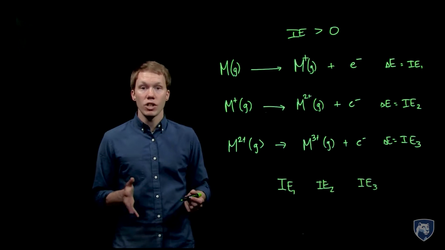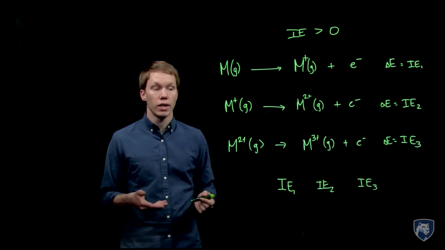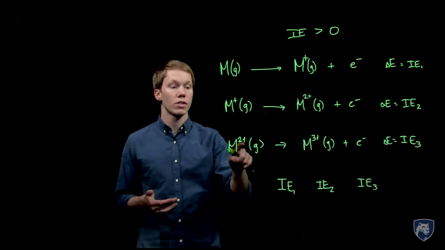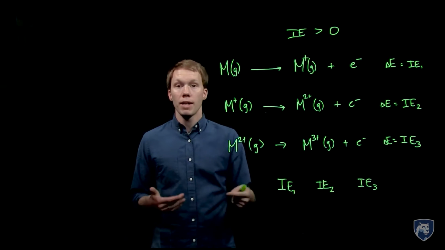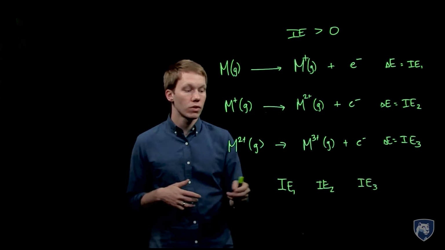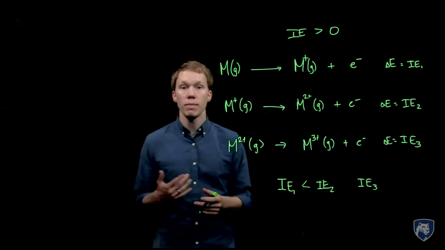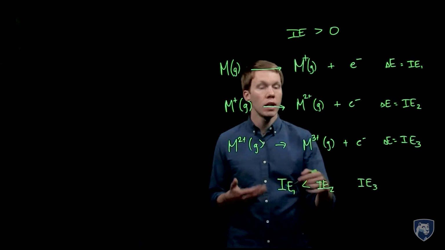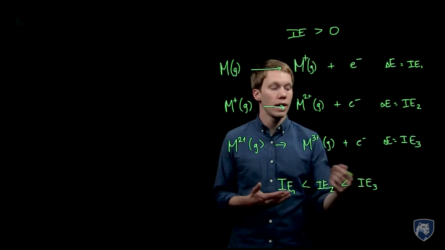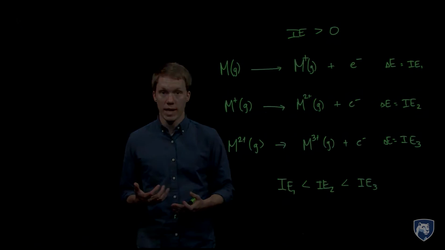As you might imagine, it's going to get harder and harder because as we increase this charge, it becomes less and less happy. So ionization energy 1 will always be the smallest positive number, and we increase going to IE2 and increase even more to IE3.